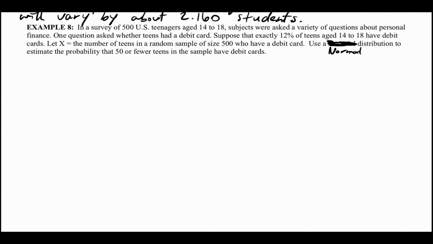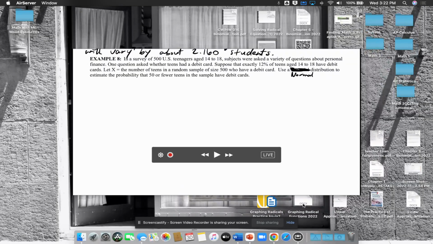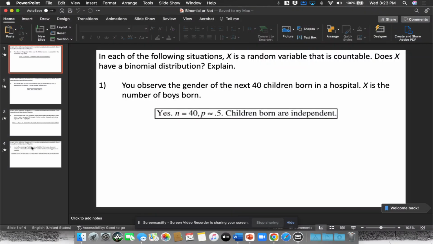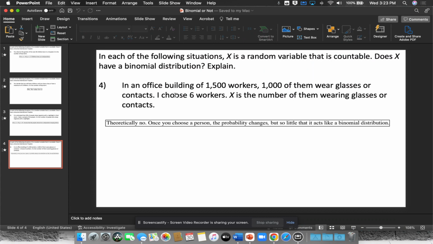My question is the glasses question. The glasses question. The contacts question. What did we say there? Why theoretically no? This question right here, isn't it like this question?